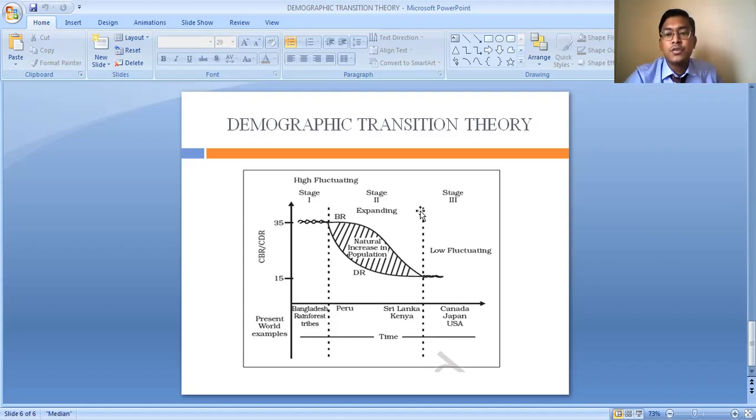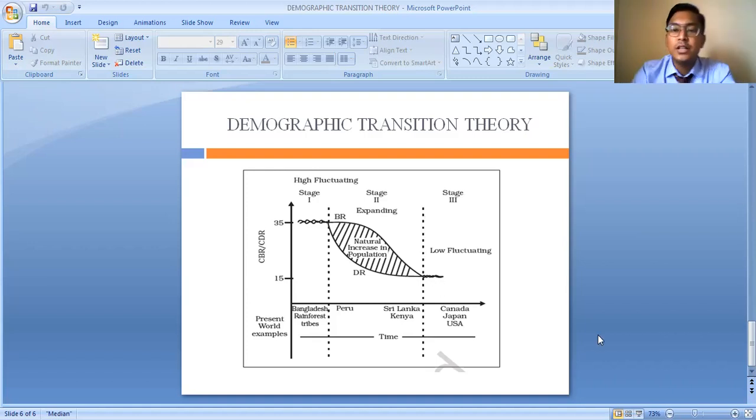Within the next few years, with the increase in the literacy level and the development of the society and the economy, India will reach the third stage of demographic transition. Now it is just passing through the last half of the second stage.